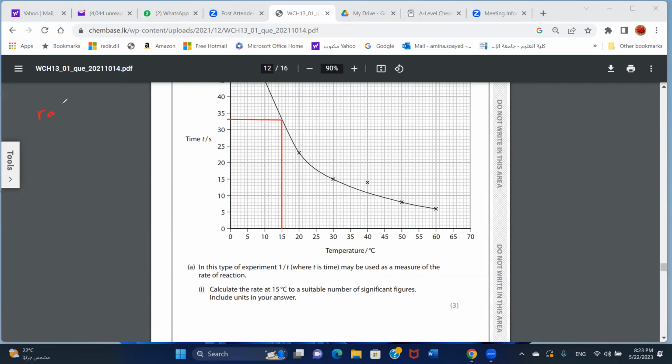As they said, the rate is equal to 1 over time, so 1 over 33. And what did you get? 0.0303 per second. Yes, okay. So this is the rate type.